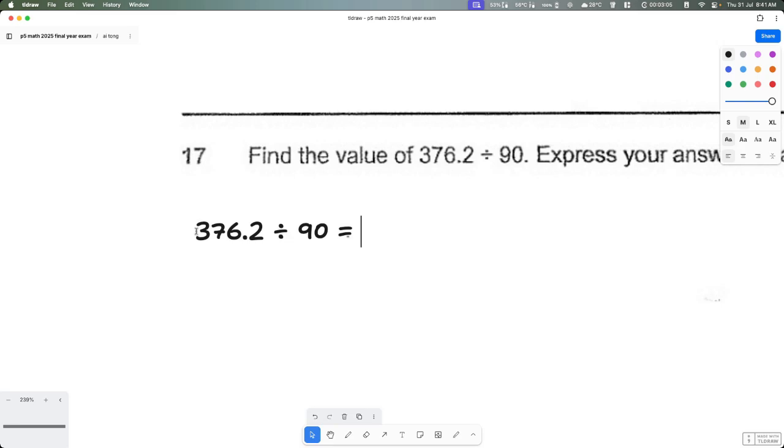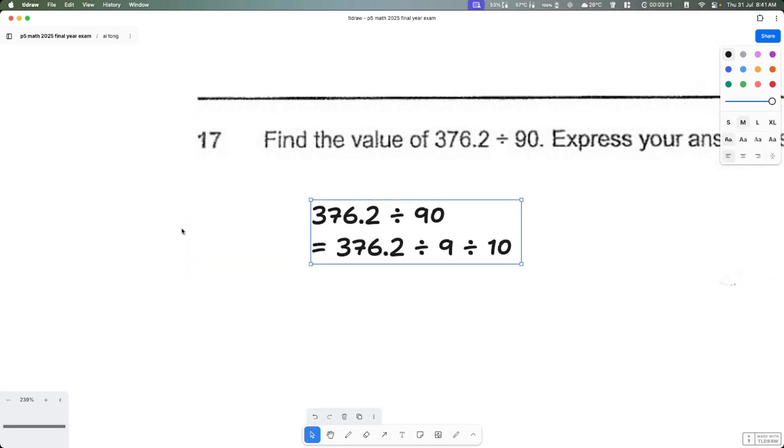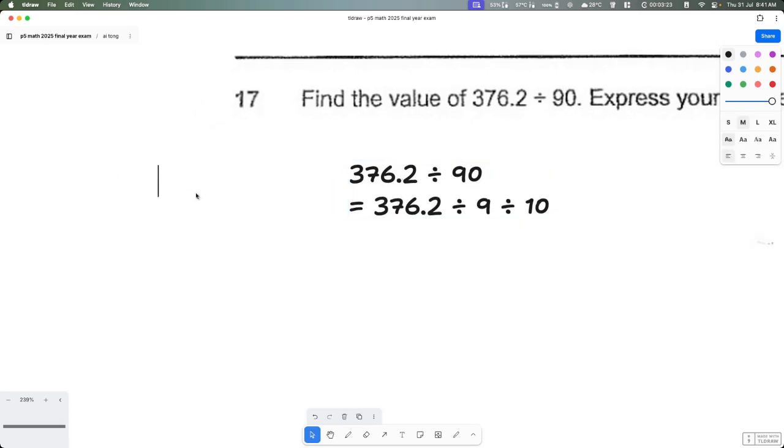So this will actually be the same as divided by 9 and also divided by 10 in essence. So we can just divide this by 9 first, right? 376.2 divided by 9. Then you have 9 over here.